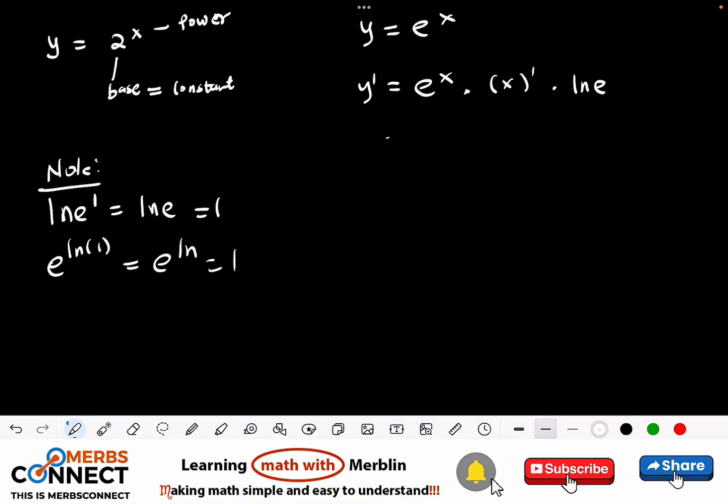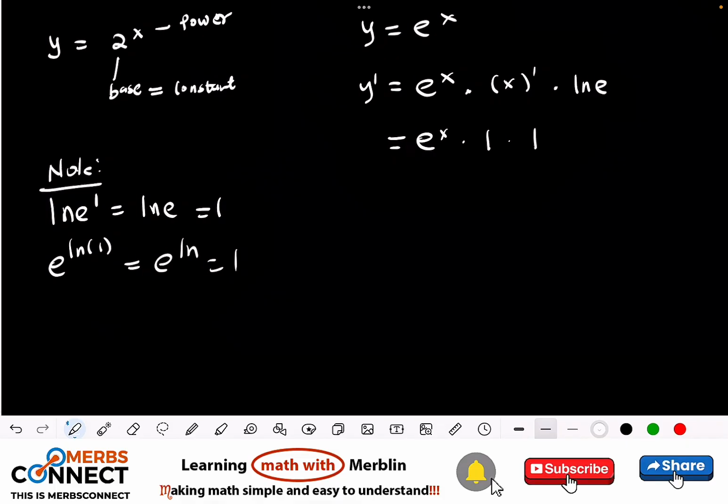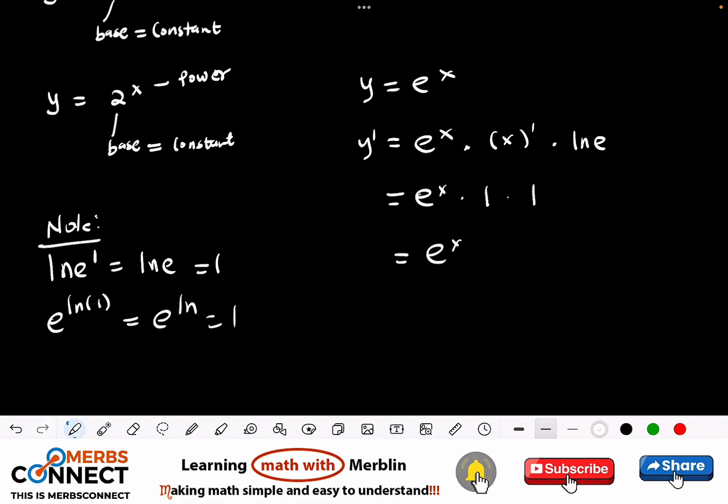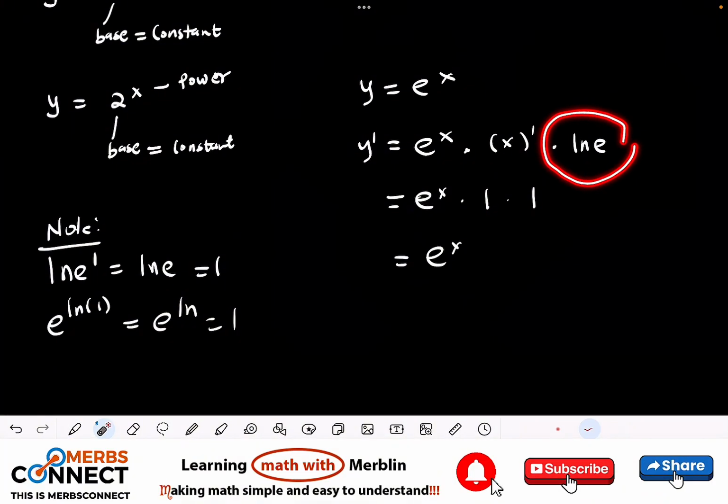So this is going to give us e^x times, when I differentiate x, I'm going to get 1, times ln e, which is equal to 1. So we are going to have times 1, and this is going to give us e to the power x.